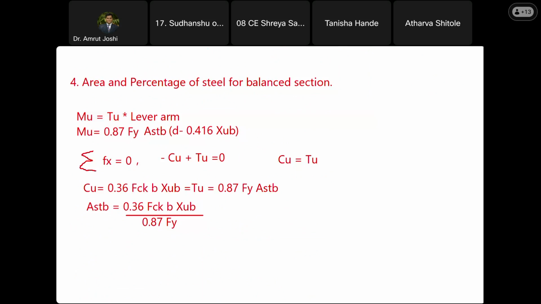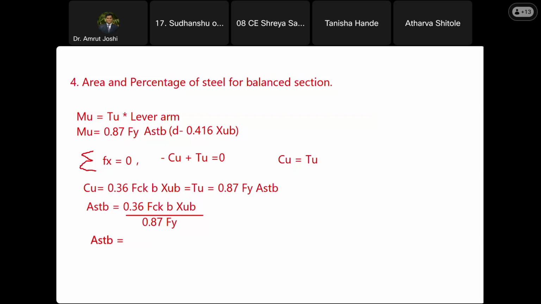So let me do that task. Let me replace. ASTB will now be equal to, what should I write? 0.36 FCK KUB.